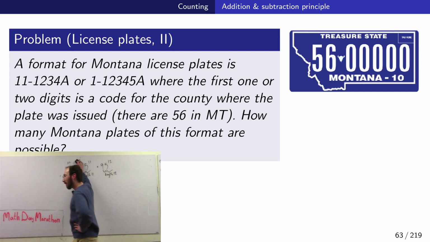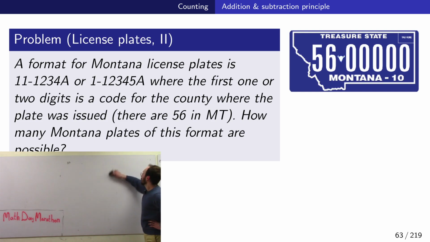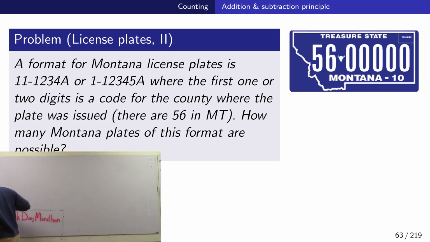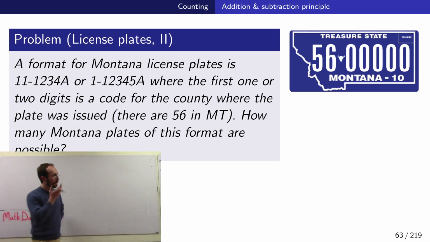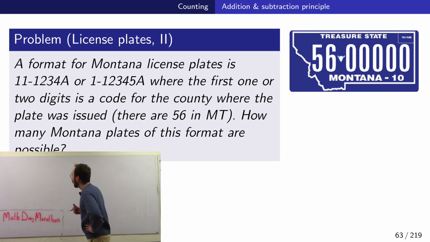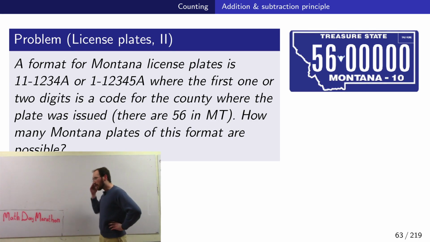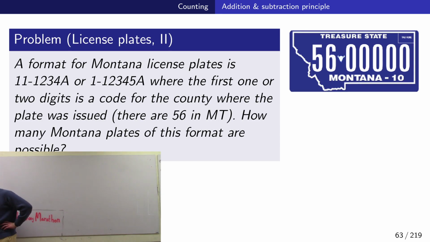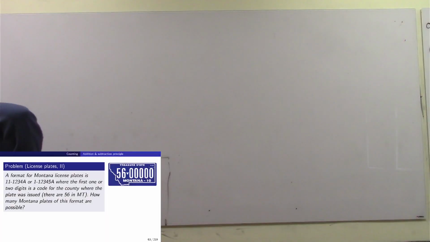There are 56 counties in Montana, and each of them has a code, and that code is the first 1 or 2 digits on a Montana license plate. I understand that this isn't the only way that they've done this, but at least for my case, this is true. I have a Montana license plate, and it starts with a 4 because Missoula County is 4.